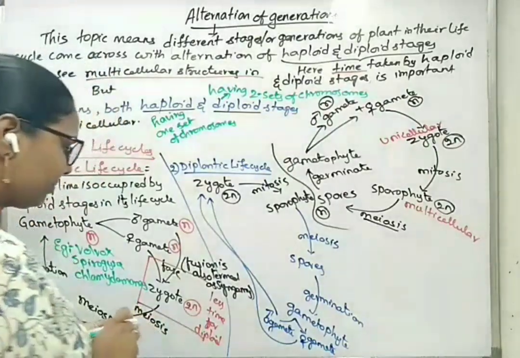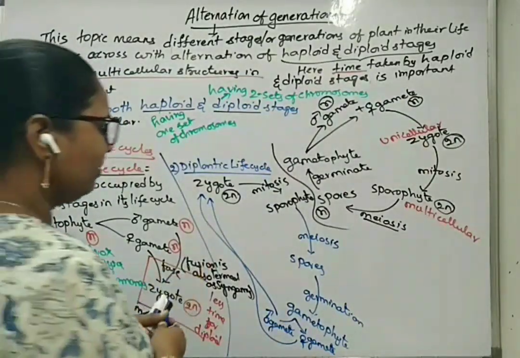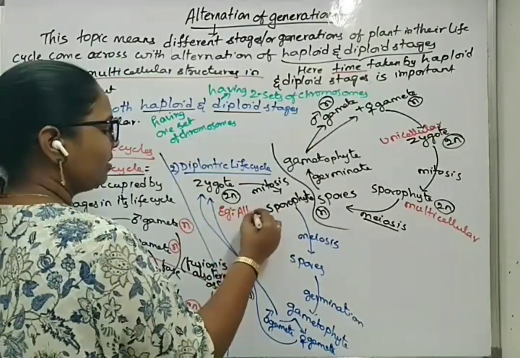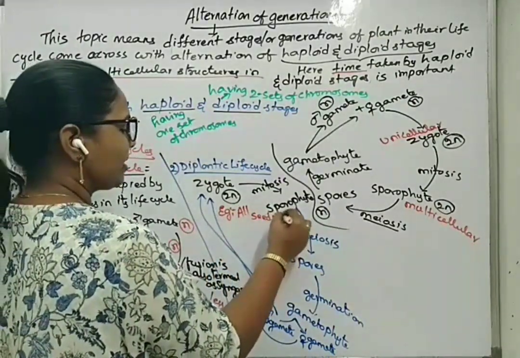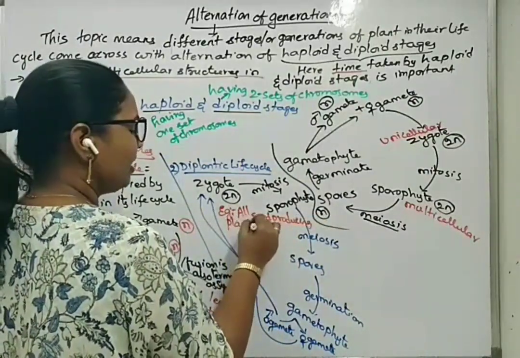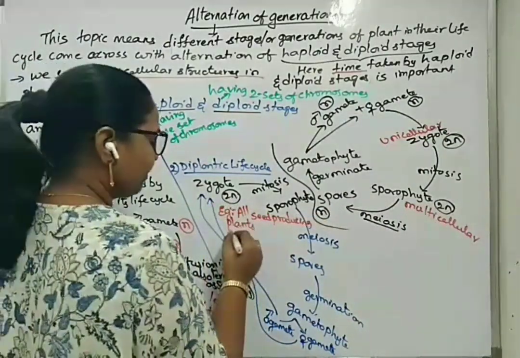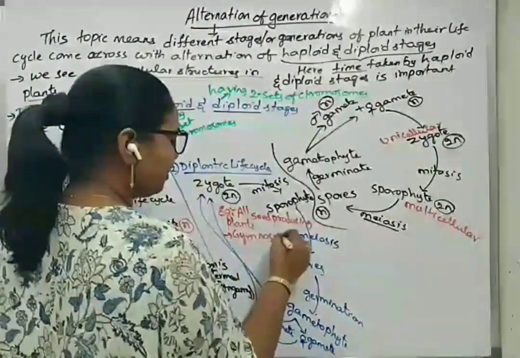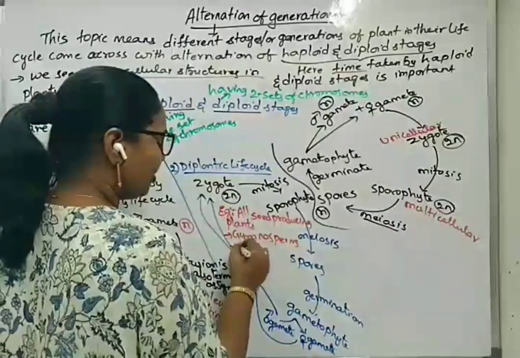Now we will write examples. Examples are seed producing plants, meaning gymnosperms and angiosperms.